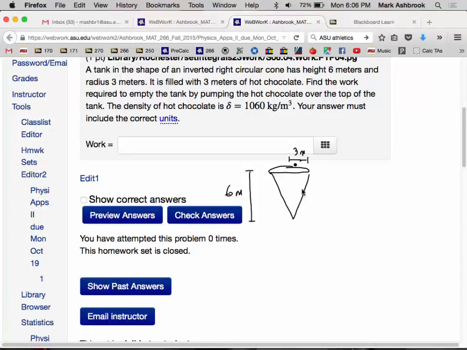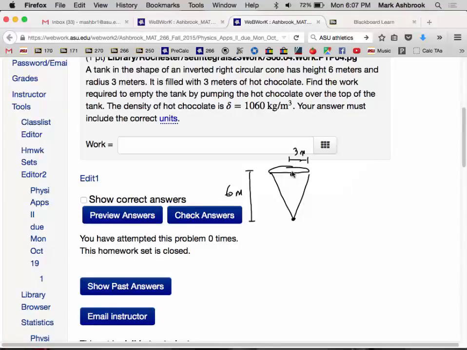The other way to do this is to put your origin here, and the nice thing about that is the linear relationship between the radius of the layer and this distance is a lot easier. It's a lot cleaner. So, take your pick.